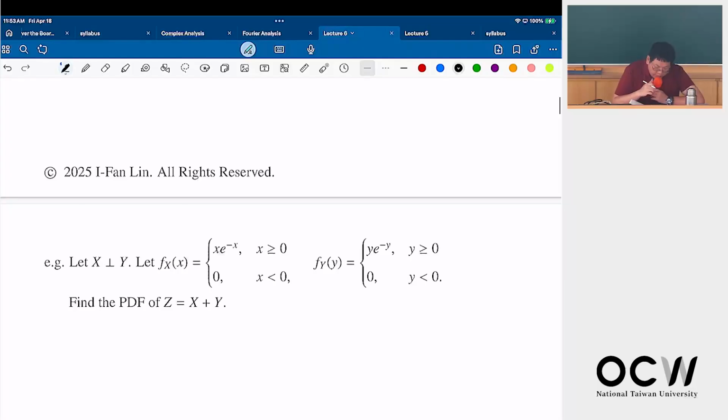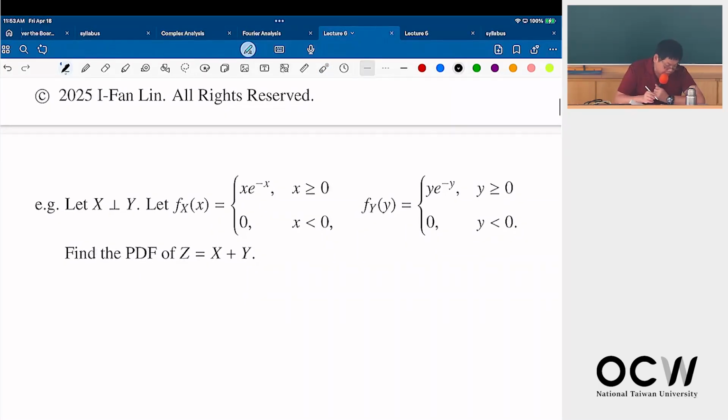X and y are independent, and I have the PDF of x and the PDF of y. Then I want to find the PDF of z, where z is x plus y. So we know that they are independent, so the PDF of z should be the convolution.